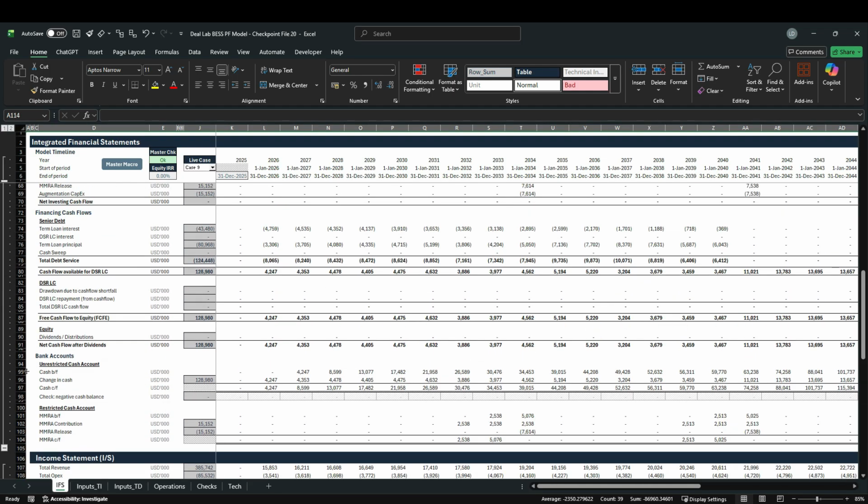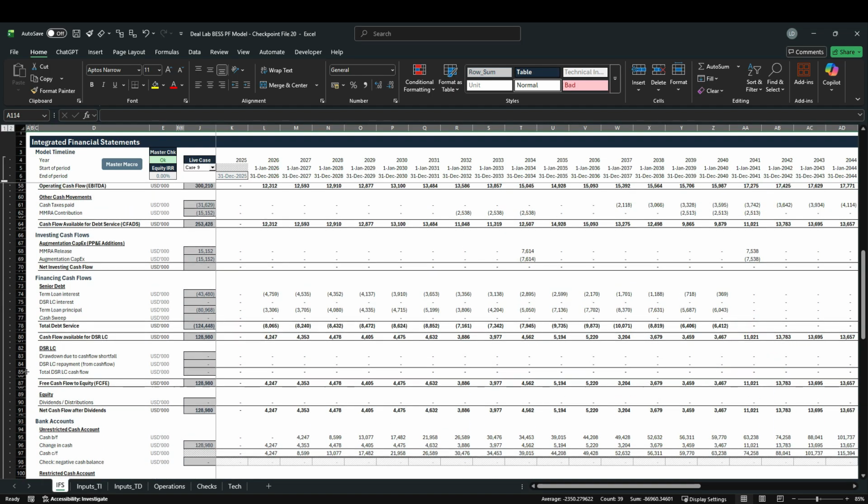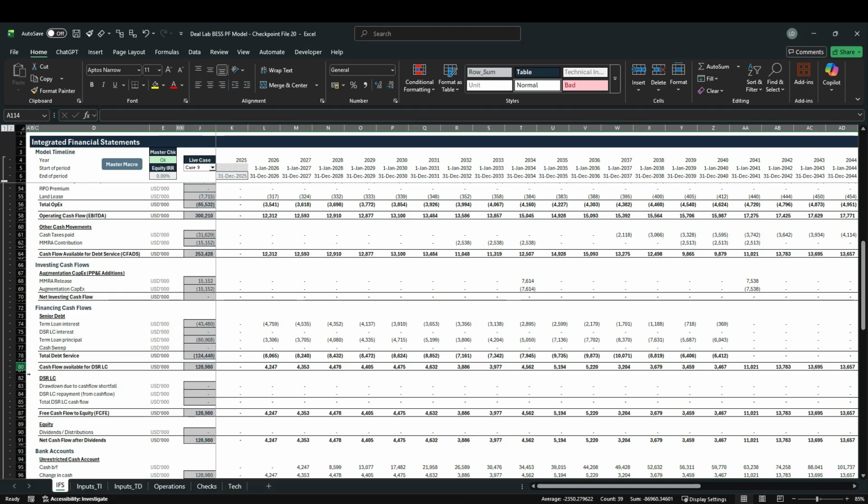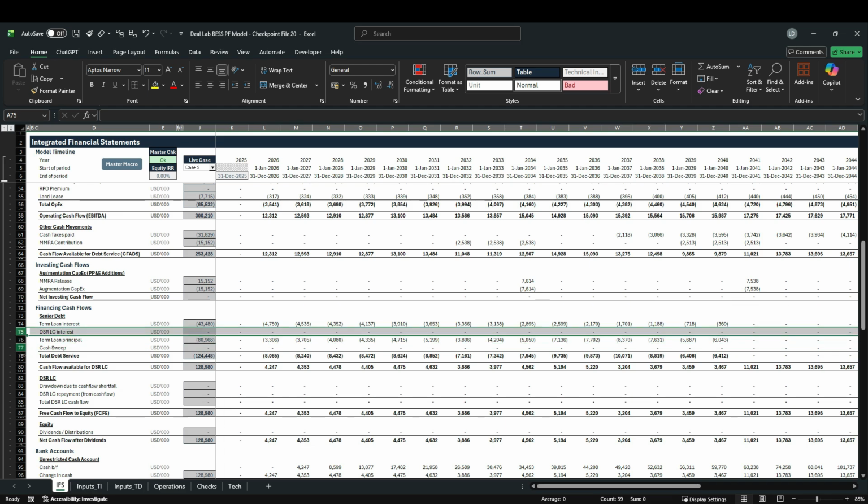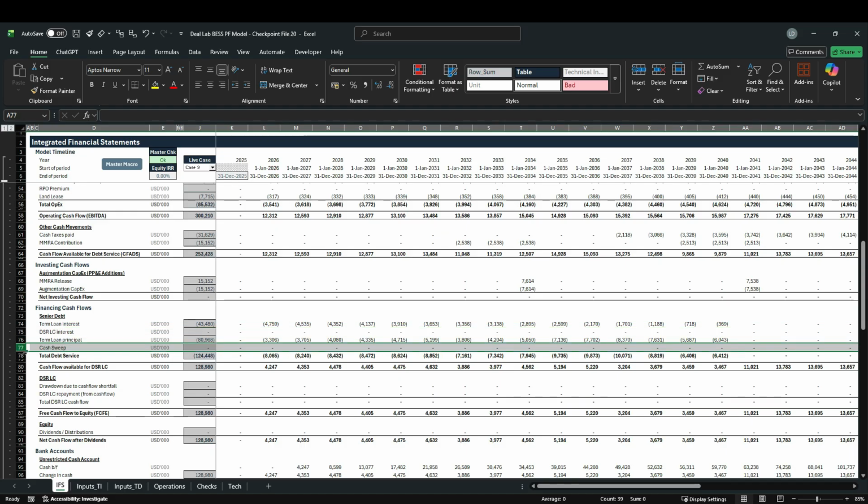And this debt interest and principal is also flowing through our cash flow statement, as you can see further up here. So under our senior debt section, we now have term loan interest, term loan principal, and what we'll model in later lessons is our DSR LC interest, as well as a cash sweep.